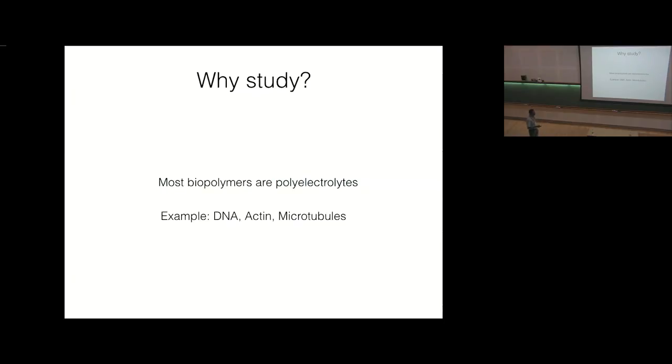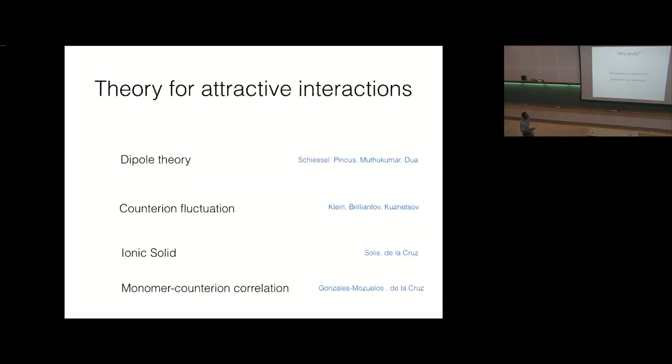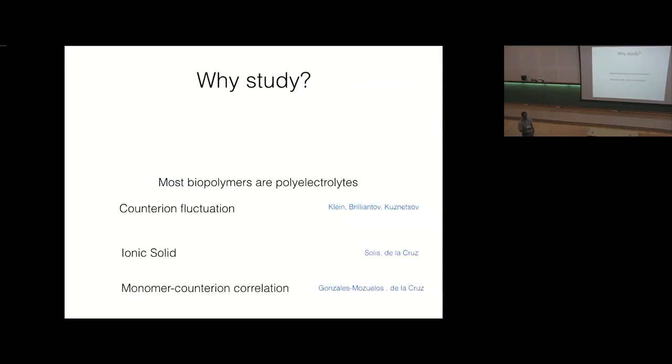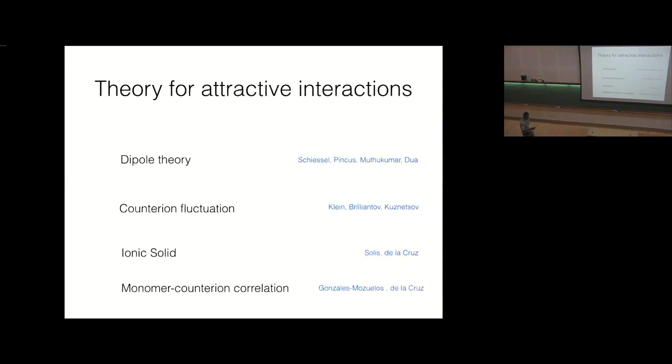So why study this question? Most biopolymers are polyelectrolytes. DNA, actin, and microtubules are examples. So understanding the nature of attractive forces seems important. There are quite a few theories for this. The most commonly accepted one is the dipole theory, in which the counterions condensing onto the polymer form fluctuating dipoles, and fluctuating dipoles effectively create a van der Waals type attraction, and that modifies the second virial coefficient in the Flory theory, making it negative, and it drives a collapse transition.